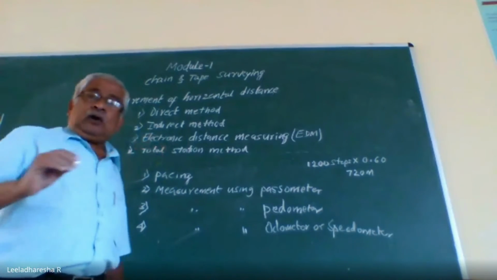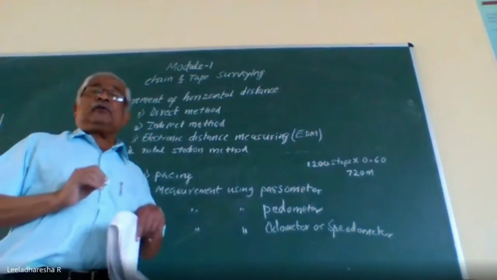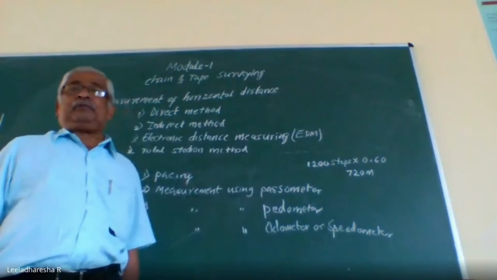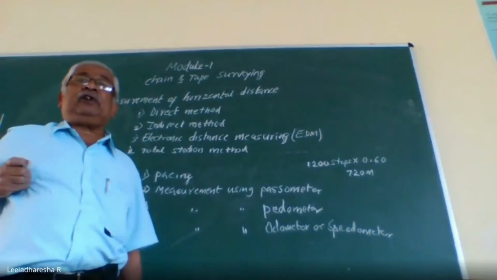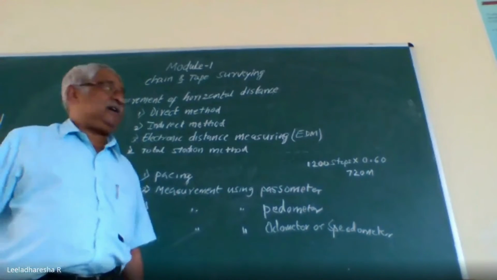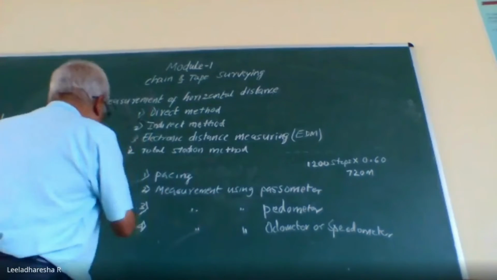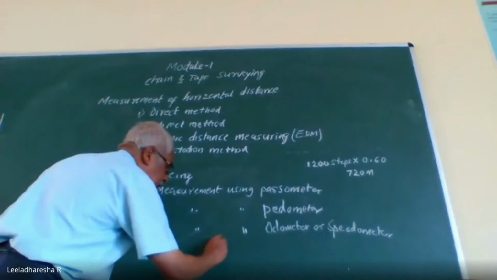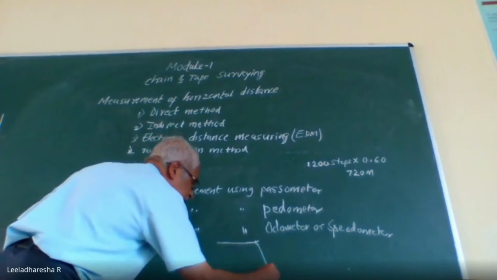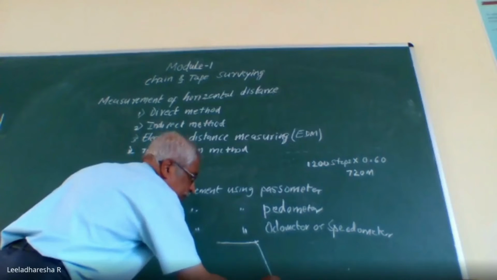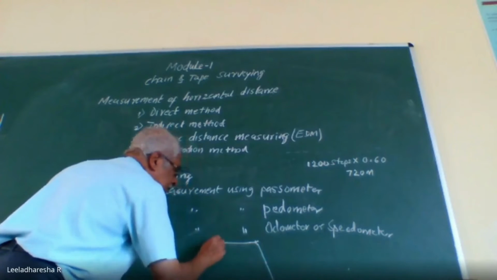So, to what scale are you going to prepare the plan of that particular village on a drawing sheet? How do you fix the scale? Walk from one end of the village to the other end. Then along the width also you walk and measure these two distances.